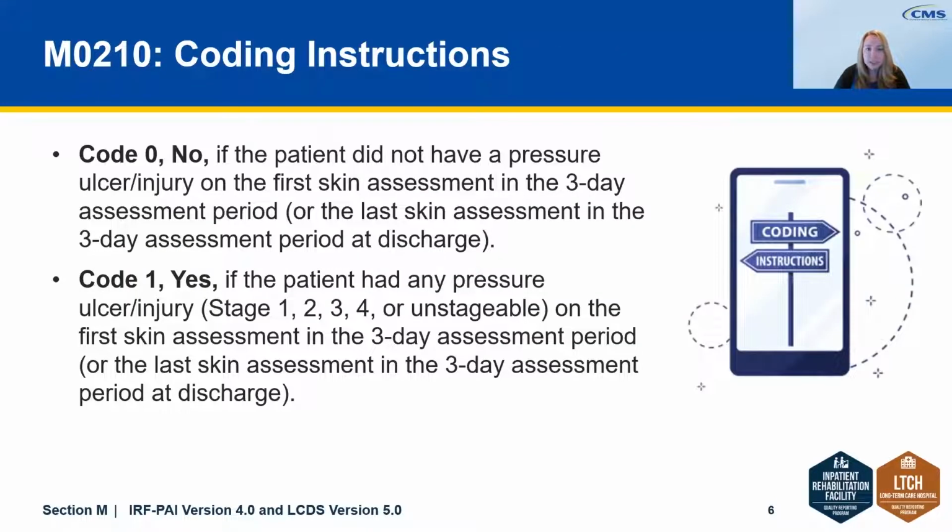Code 0-No indicates that when the first skin assessment was completed at admission, or when the last skin assessment was completed at discharge, there were no pressure ulcers or injuries identified. And code 1-Yes for M0210 is used to indicate that there was at least one pressure ulcer or injury identified. And this item includes stage 1s, 2s, 3s, and 4s, as well as any unstageable pressure ulcers or injuries.